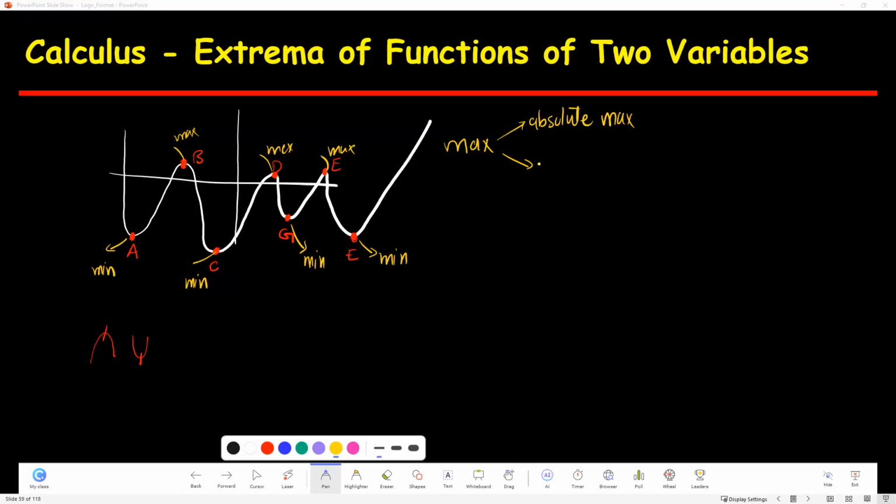The other one is called relative max. Right? Absolute max, relative max, and the absolute max is the max of the max, and relative max is a max, but there is another max after that.